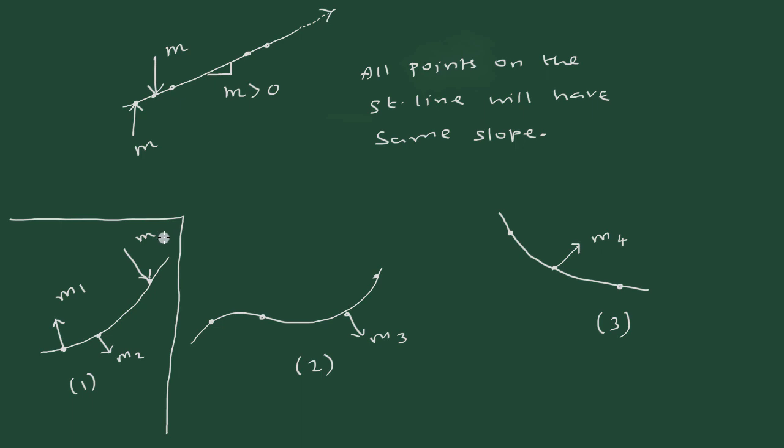We are just telling different values, that's all. You fix any point on the curve, the slope is going to be different. This is completely opposite to the case of the straight line, where you have the same slope.